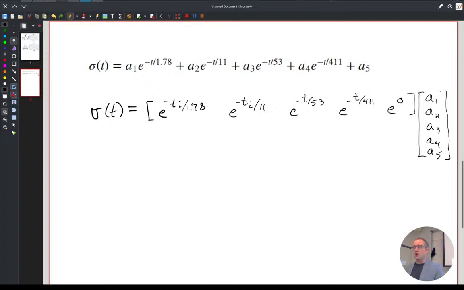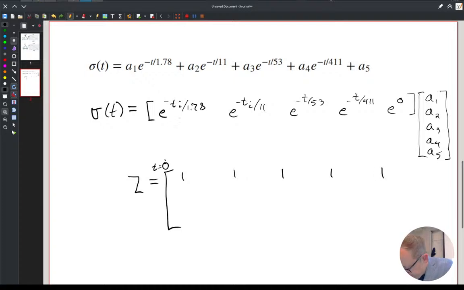I could throw polynomials in here, but mainly, I don't want to overfit things. So in this case, it makes sense to use these time constants, because in this study for this weak kernel, those are the time constants that they expected or were looking to fit. So my Z matrix is going to look like e to the 0, which is all 1, 1, 1, 1, 1.